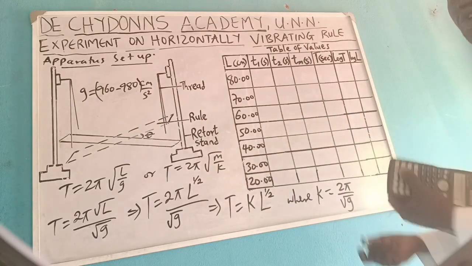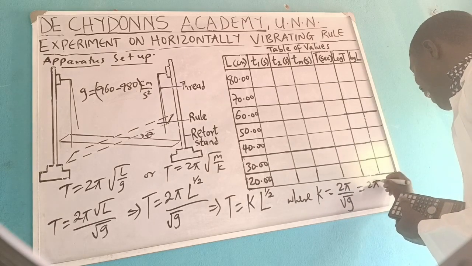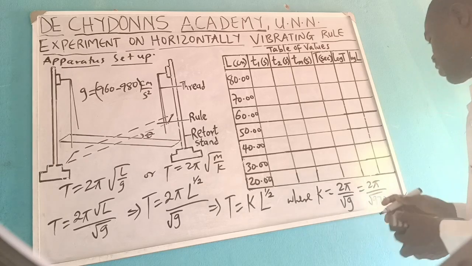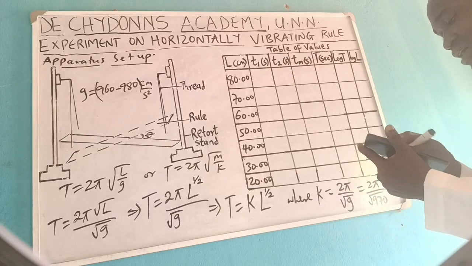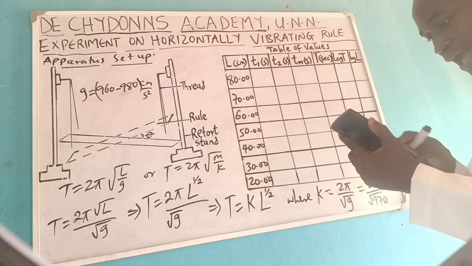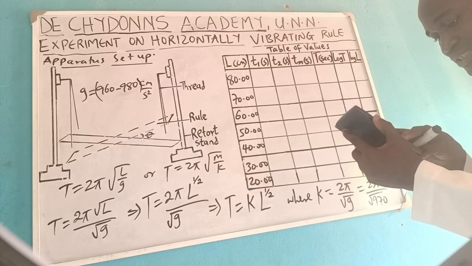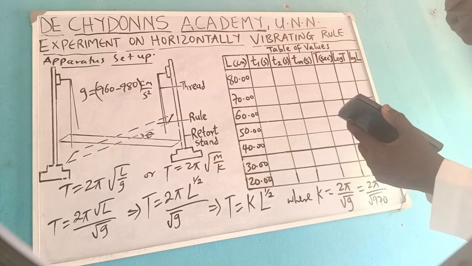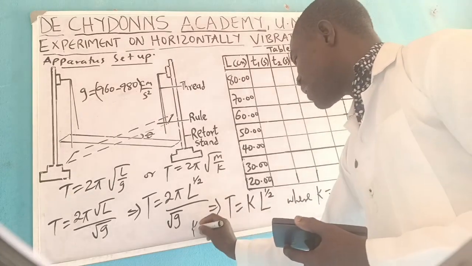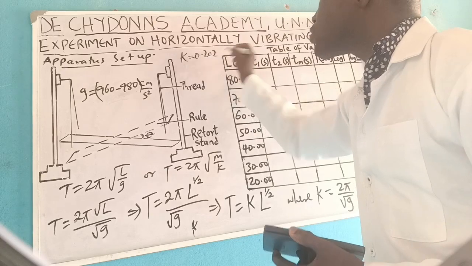You will be having 2 pi all over root 970. So 2 pi all over root 970 should give you 2 shift pi divided by root 970. That will give you 0.202. That means our k is equal to 0.202.